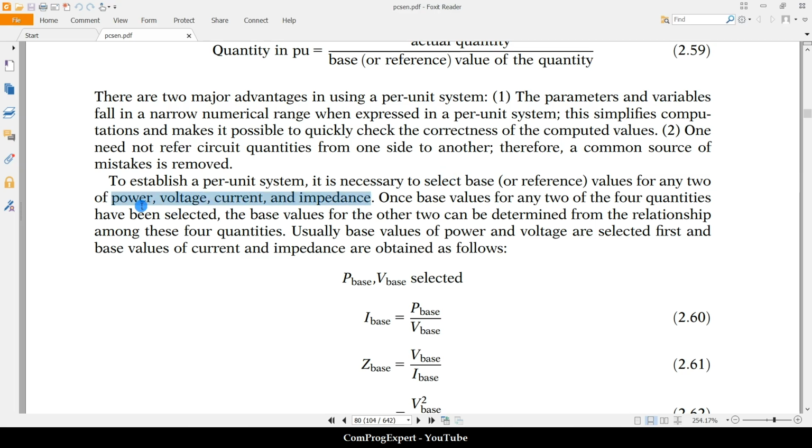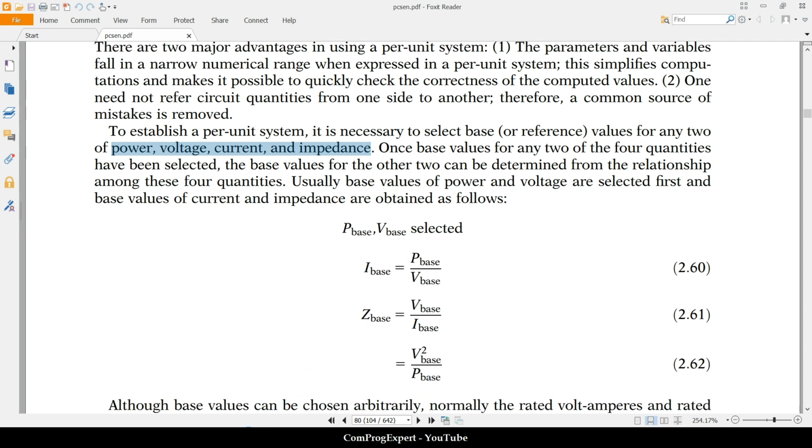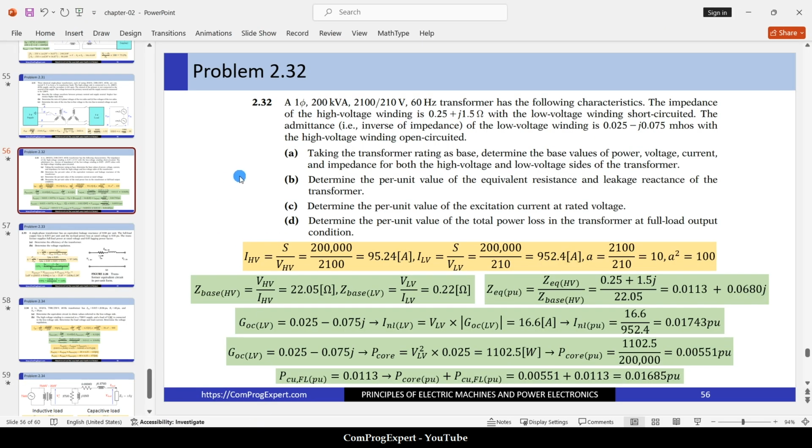We should take two of them and then we can calculate the rest. So if we take this value for the base apparent power and rated voltage for the base voltage, we can calculate the base currents and the base impedances.